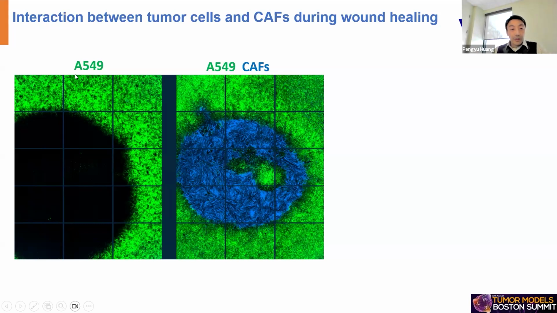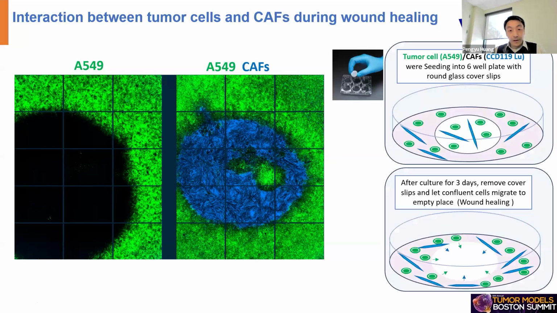You see here, this green is the A549 cell with CAF. This is the right side, the co-culture. But unlike what I emphasized, that the CAFs are outside, surrounding the tumor and protecting it, actually they get inside. Very strange, but I'm going to tell you what's happening here.